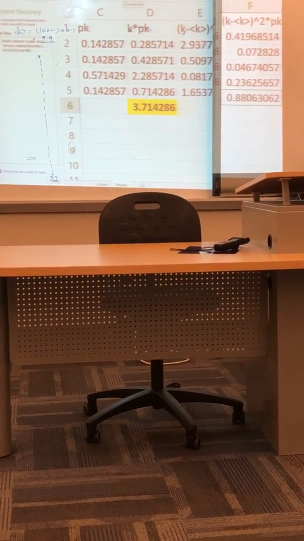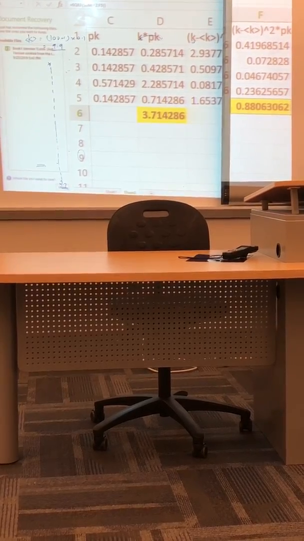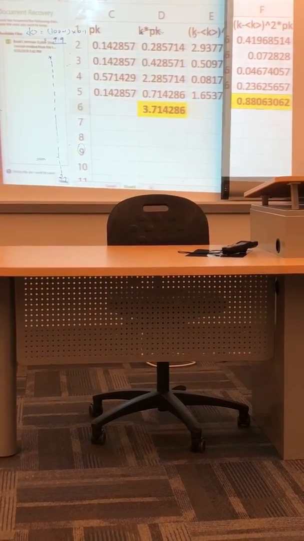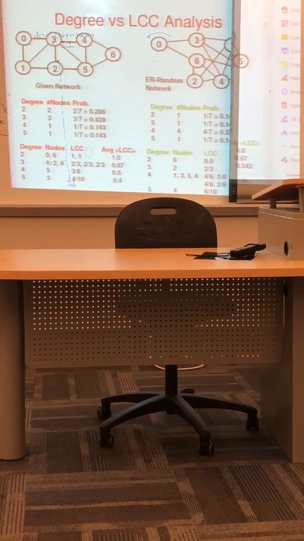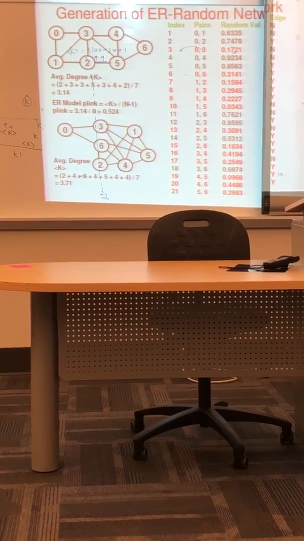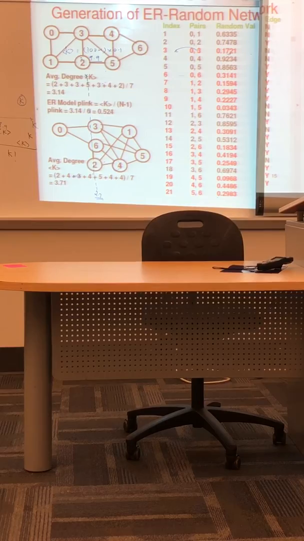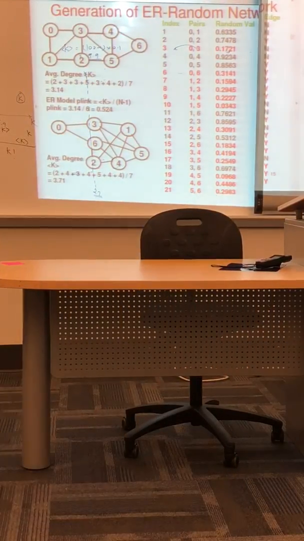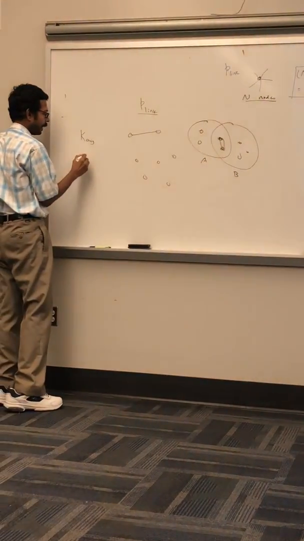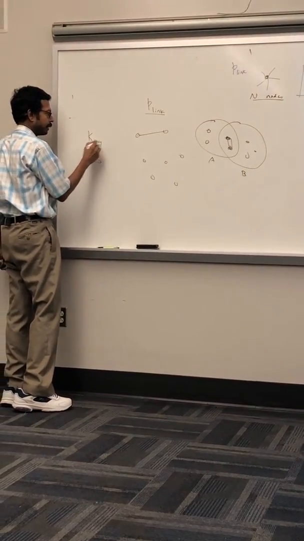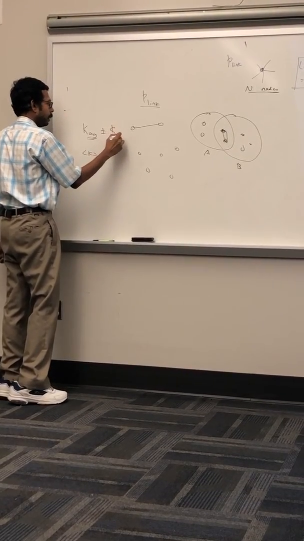What's the purpose of computing the average and standard deviation? We can say the range of degree values is going to be the average plus or minus the standard deviation. Of course, we can use this symbol also.